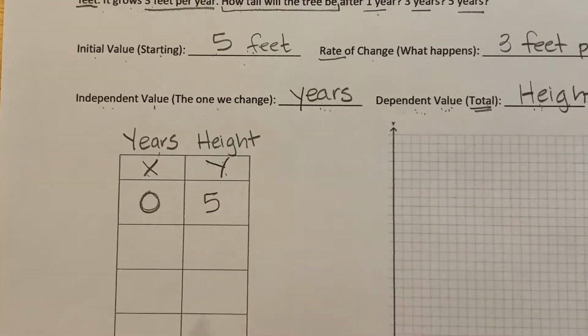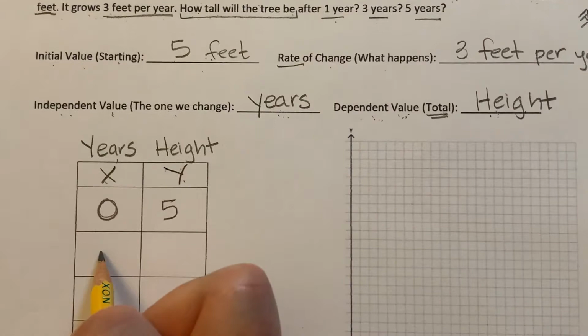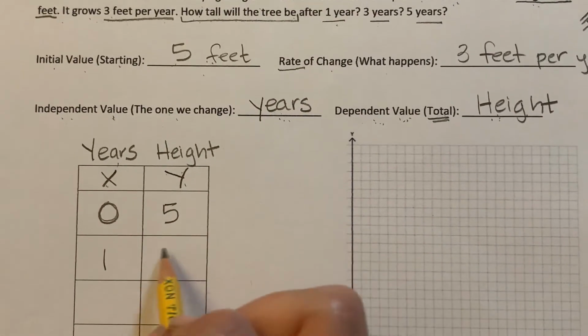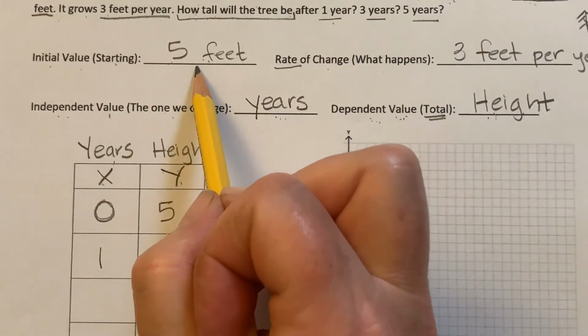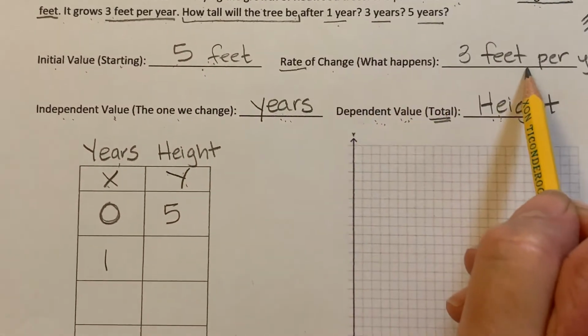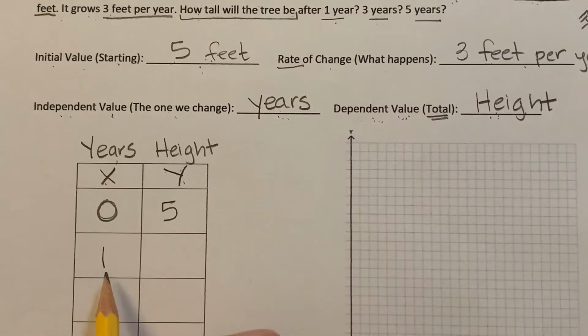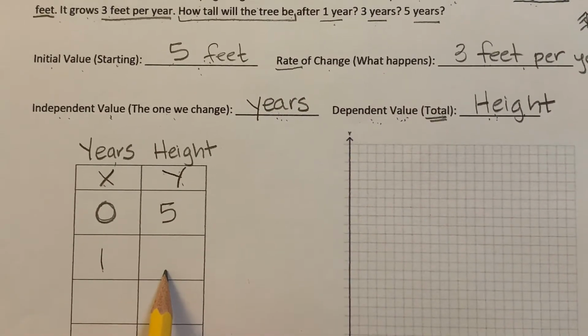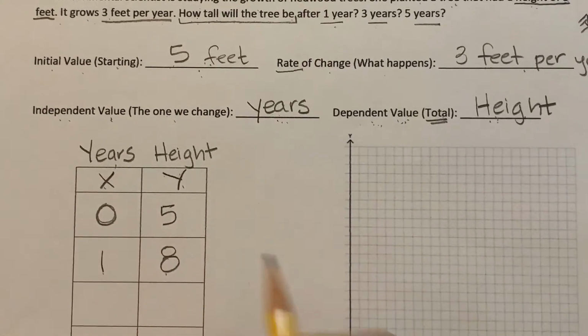Now, I want you to think, because I know you can do this without having to do the math part of it. If it's been 1 year, how tall will the tree be? So think, it was 5 feet, and every 1 year it grows 3 feet. So after 1 year, how tall will our tree be? It'll be 8 feet tall.